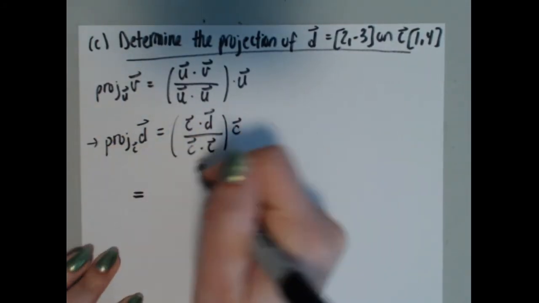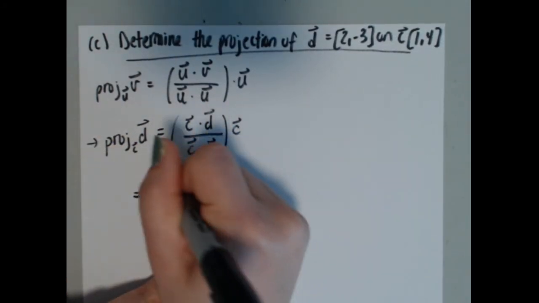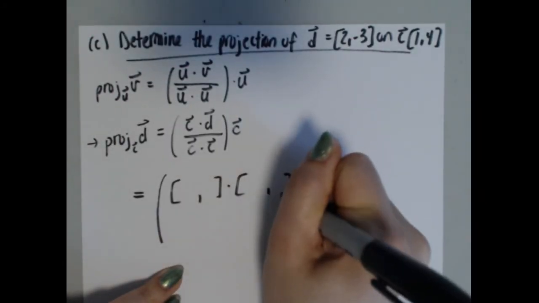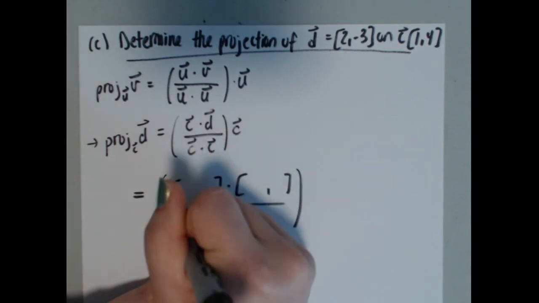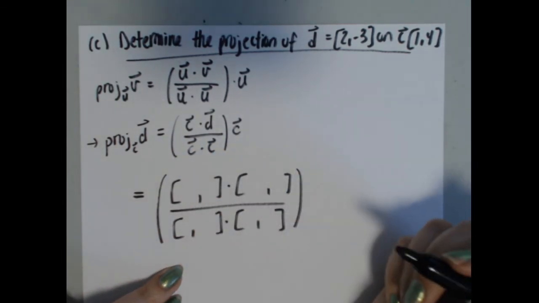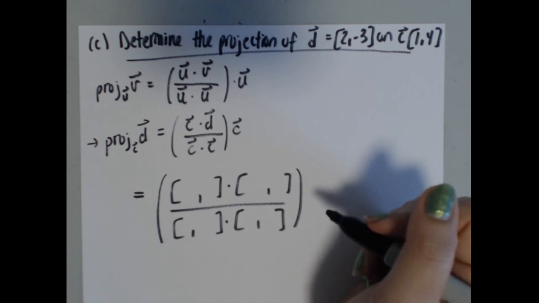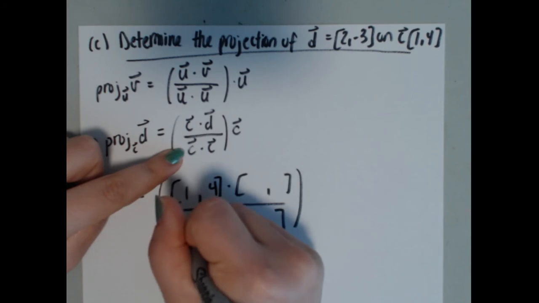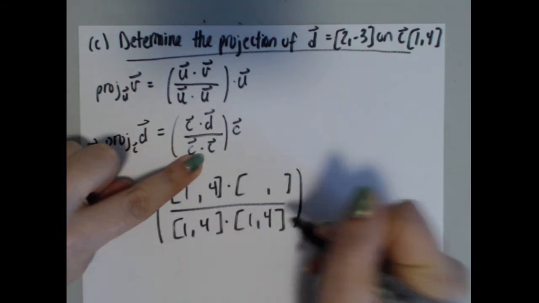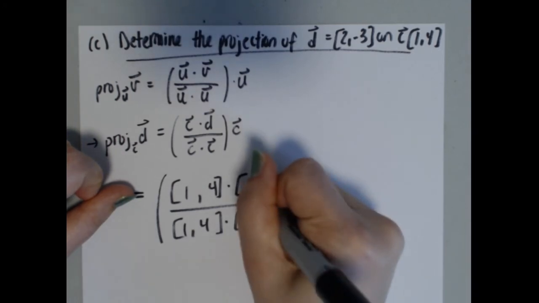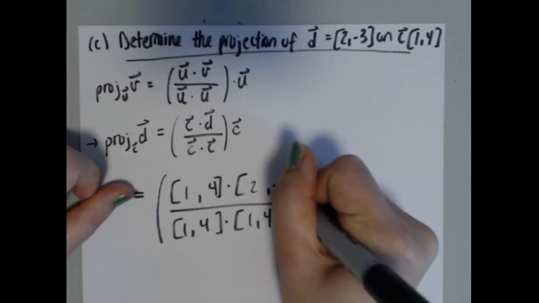So, all right. So I have vector C dotted with vector D over vector C dotted with vector C. All right, so let's fill those in. So C is 1, 4. So 1, 4 is here, 1, 4 is here, 1, 4 is here. And then I have 2, -3 that gets stuck here.